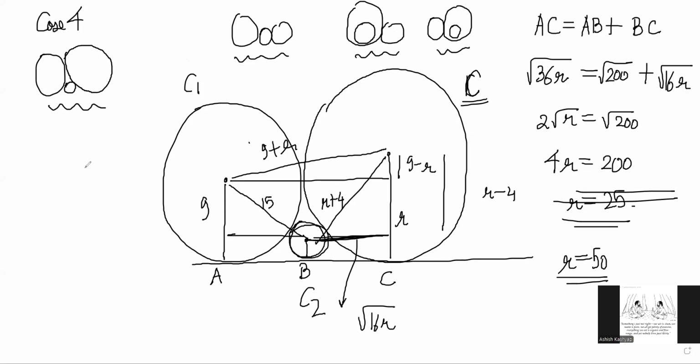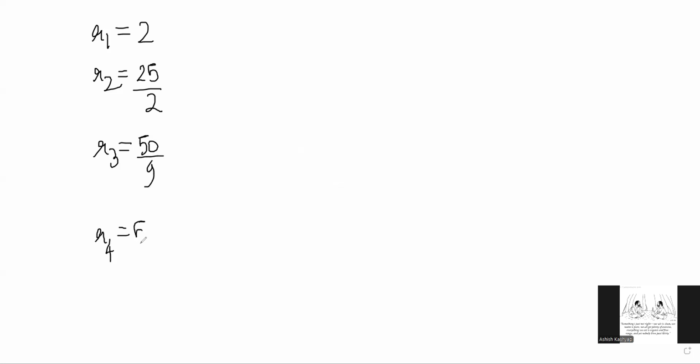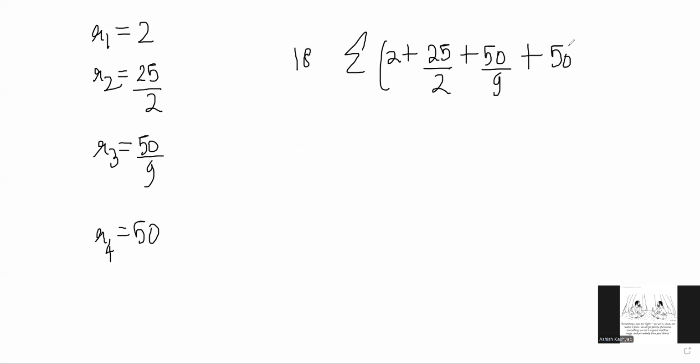And remember the radiuses that we have gotten. Radius 1 was 2. Radius 2 in the second configuration had come out as 25 over 2. Radius 3 in the third configuration was 50 over 9. And finally, in the fourth configuration, radius is 50. So the required sum is 18 times 2 plus 25 by 2 plus 50 over 9 plus 50.